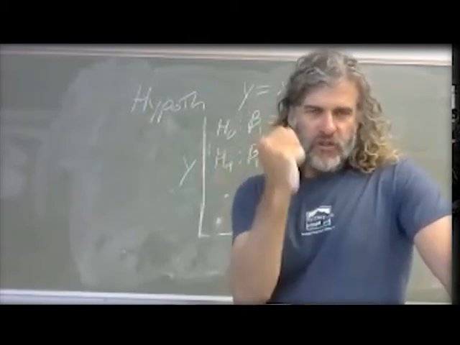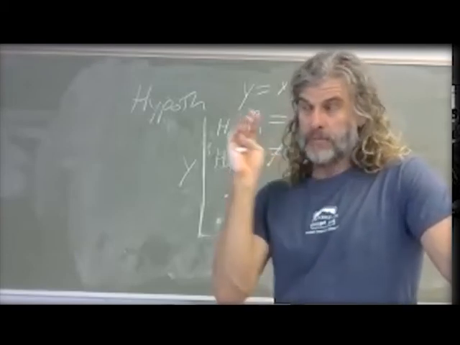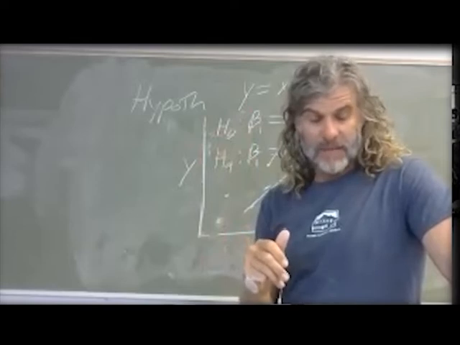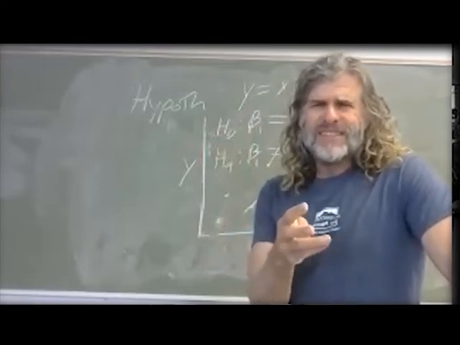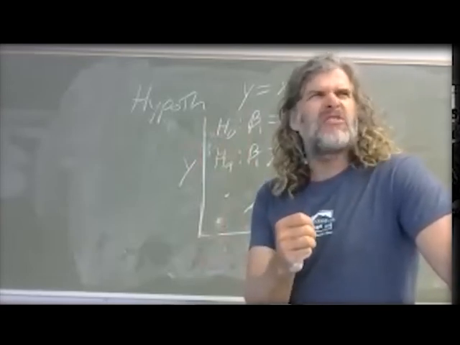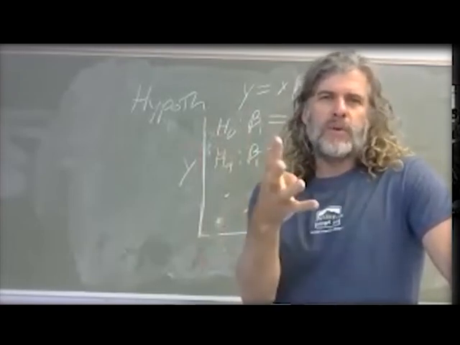One of the frustrating, super confusing things about this kind of statistics is that in a lot of respects it seems like it's trying to prove a negative. It's not really doing that.